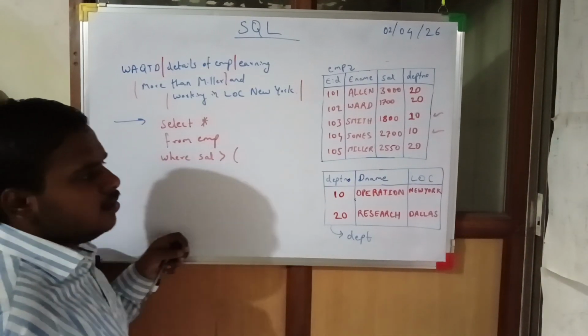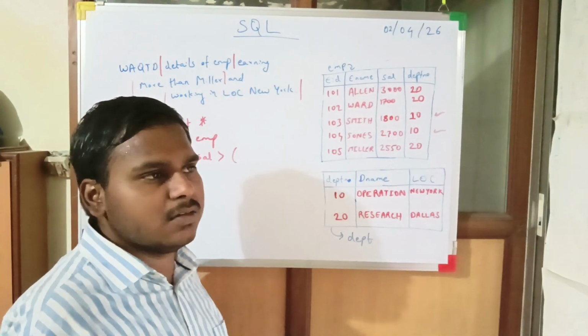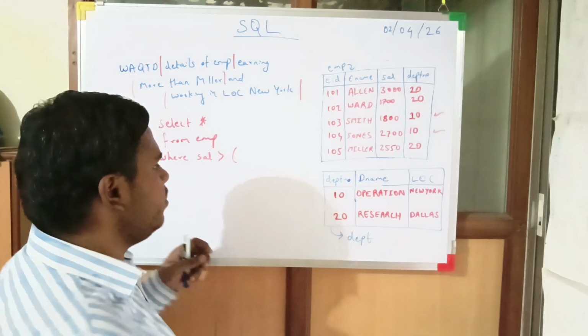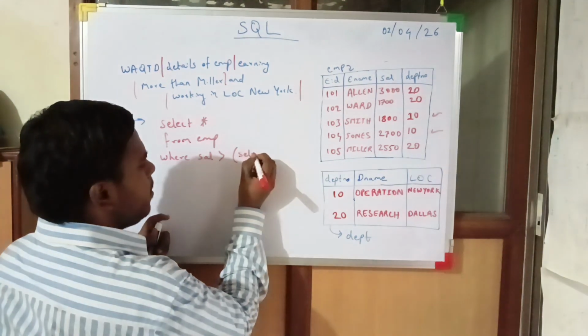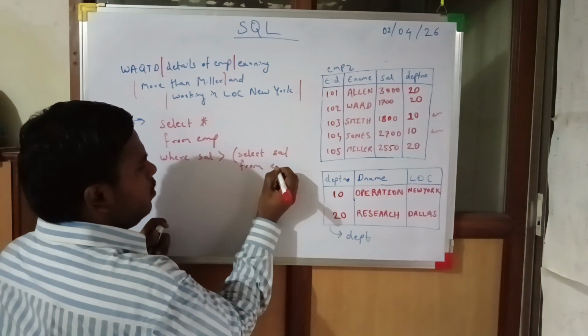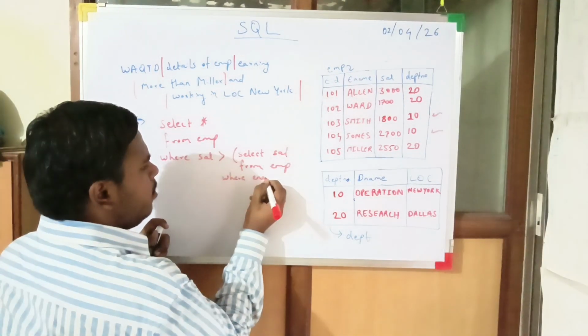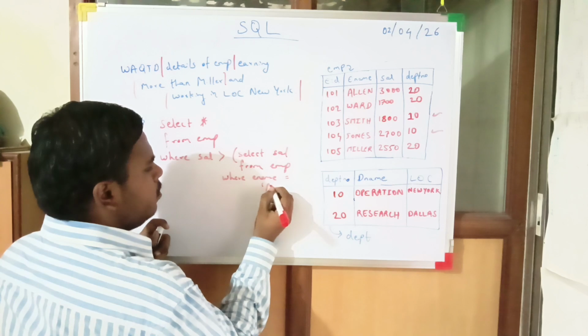Miller salary. Now how to get the salary of Miller? Just tell me the syntax, query for finding the salary of Miller. Select sal from EMP where ename equal to Miller.